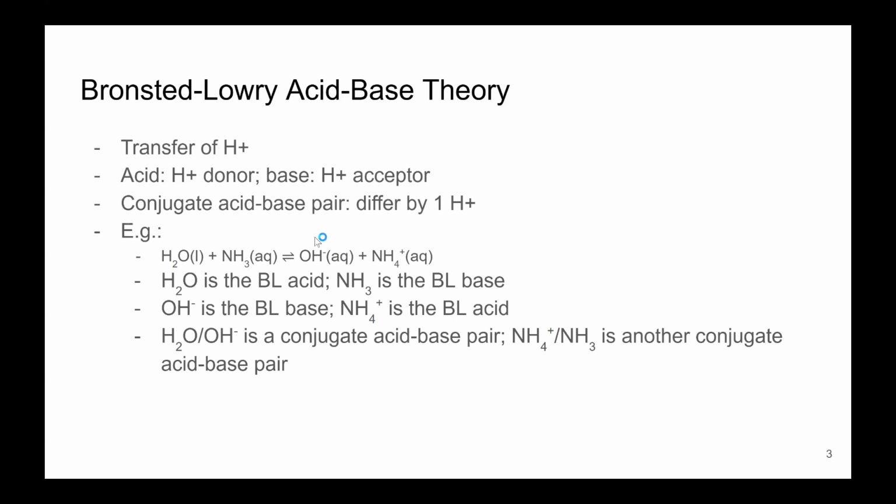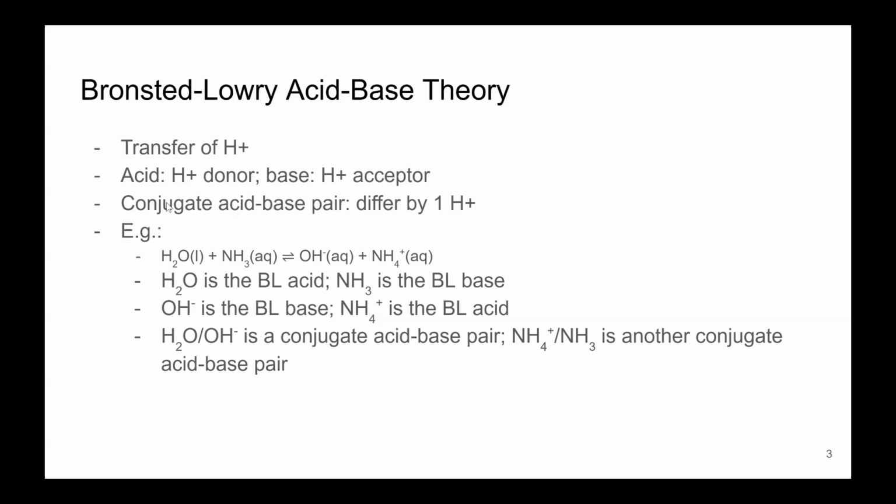When you take a look at the reverse reaction, so the reaction goes from right to left, then here the hydroxide is the base while the ammonium ion is the acid. So you realize that when the reaction goes the reverse way, you swap. The conjugate base becomes the base and the conjugate acid becomes the acid.